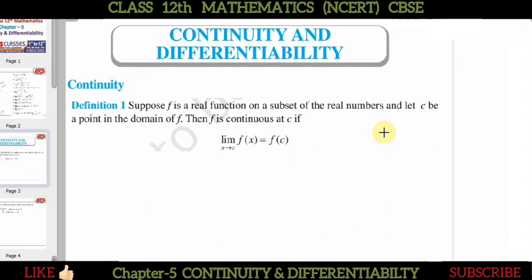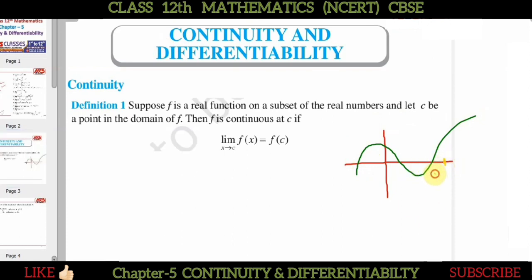Okay, so let's say we have a curve and at some point we want to check its continuity. Okay, at some point we want to check its continuity, and let's say that point is x equal to c.